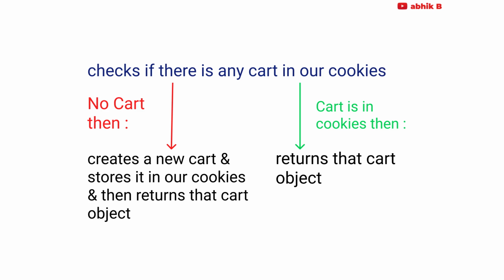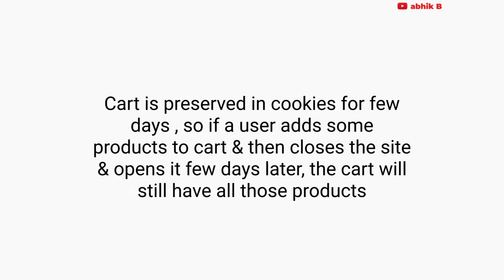Suppose the user adds 1 or 2 items to the cart and closes the site, and then after 2 or 3 days, or even 5 or 6 days, opens our site again. He can still see that our cart has those 2 or 3 items he added earlier. To have these benefits, commerce.js stores this cart in a cookie, the browser's cookie.